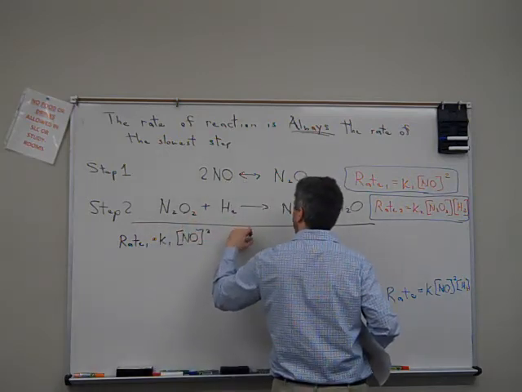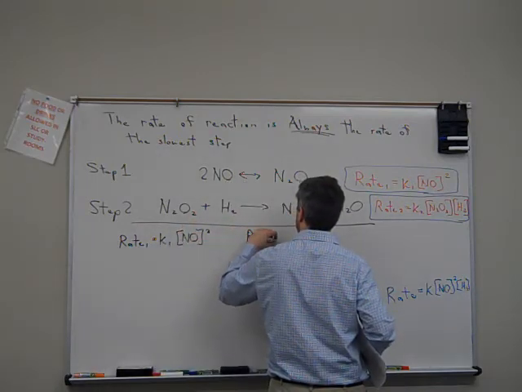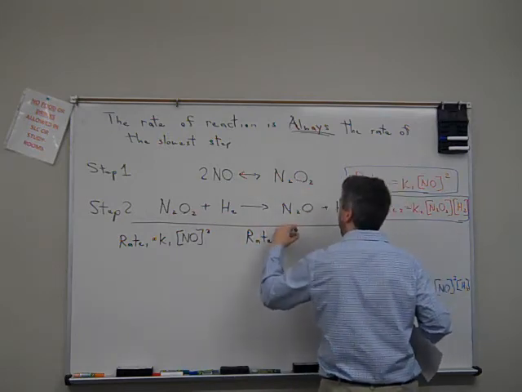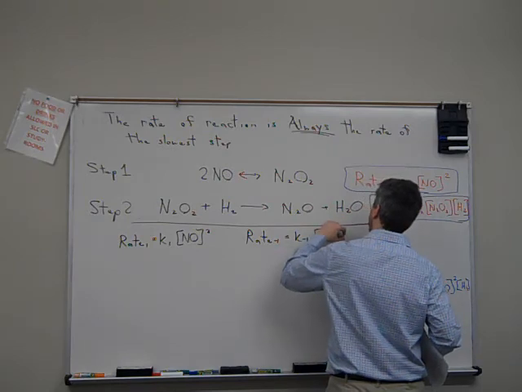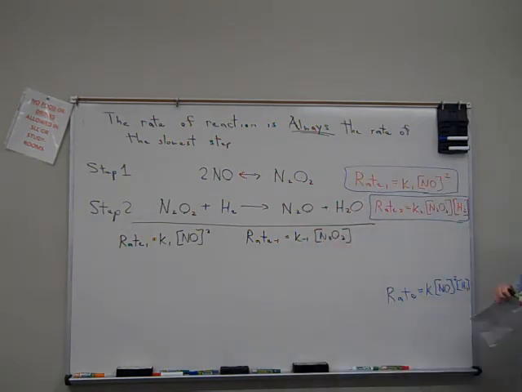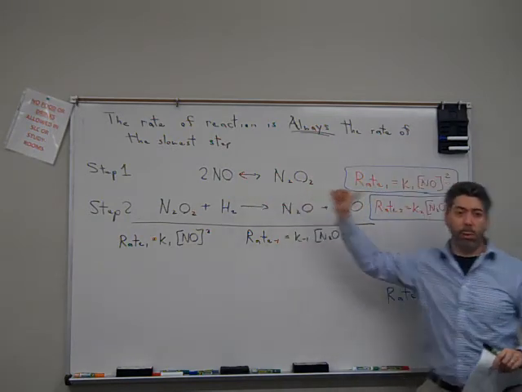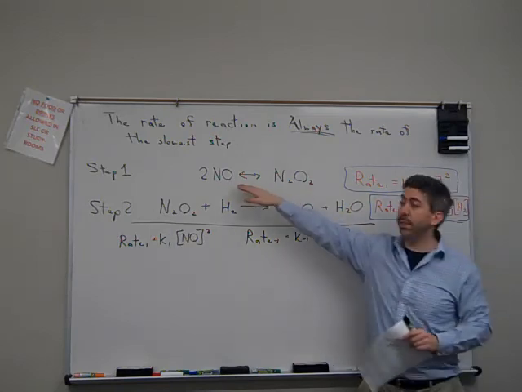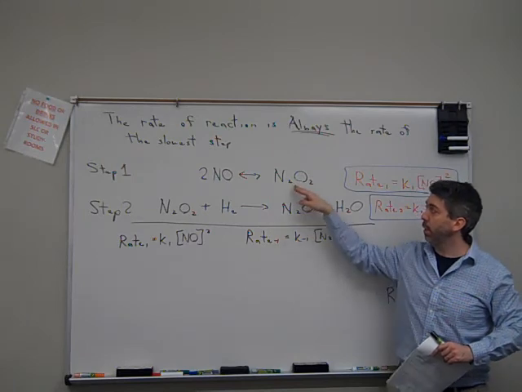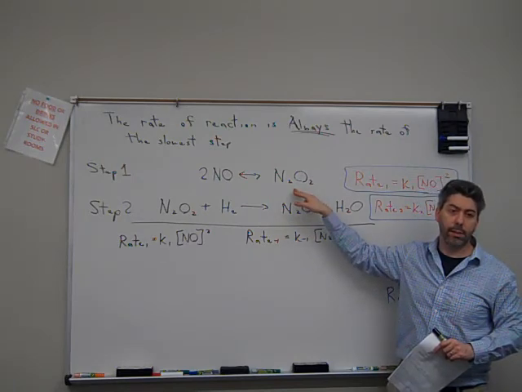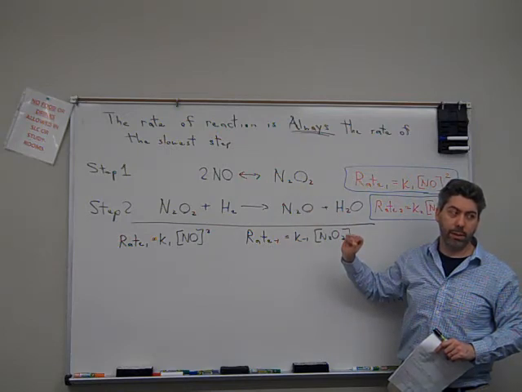Then rate negative 1 is equal to K negative 1 times N2O2. Because if this is equilibrium, there's both a forward reaction, in which case these are the reactants, and there's a reverse reaction, in which this is the reactant. Does that make sense so far?